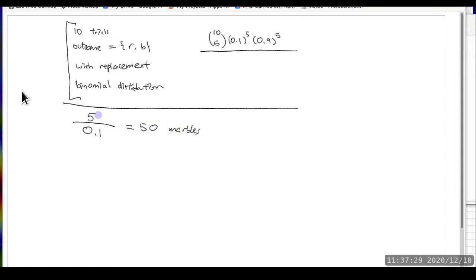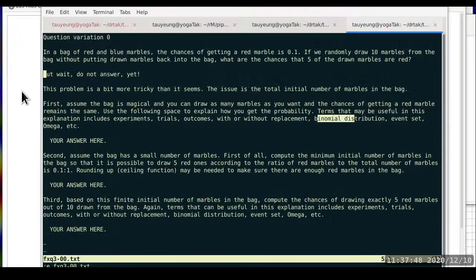These are 5 red marbles, and the 0.1 is the ratio of red marbles. So I'm identifying each part of the answer of how we got those specific numbers. Alright, so that part is done.